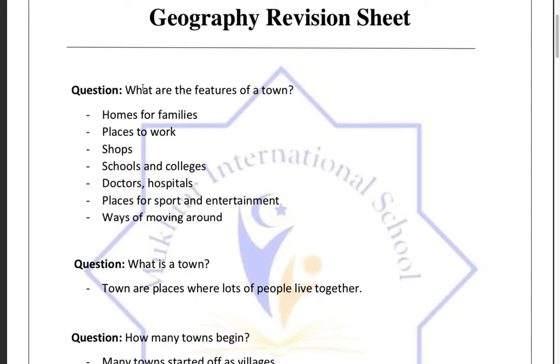That's what we already learned about unit 4. We had so much information about towns and how they originally start, how towns are different from villages, and also what are the different features of towns.